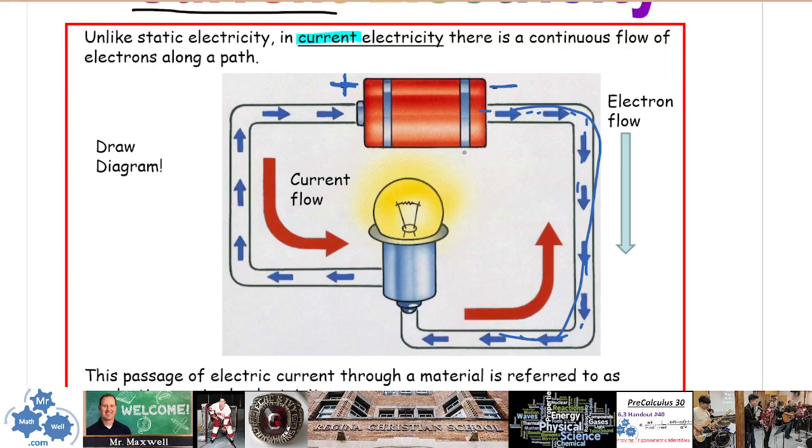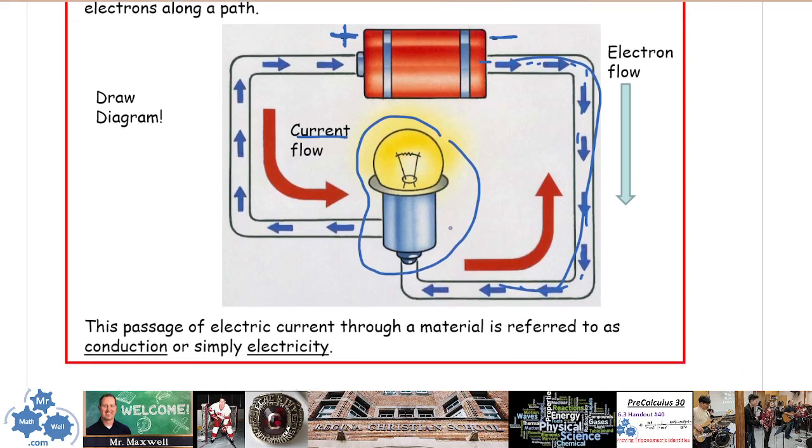So when we talk about current and the flow of electricity, lighting up a light bulb, let's say, electrons flow one way from negative to positive, opposites attract, but the flow of current actually flows in the opposite direction. The electricity itself flows the opposite way. Yeah, that's strange, isn't it?